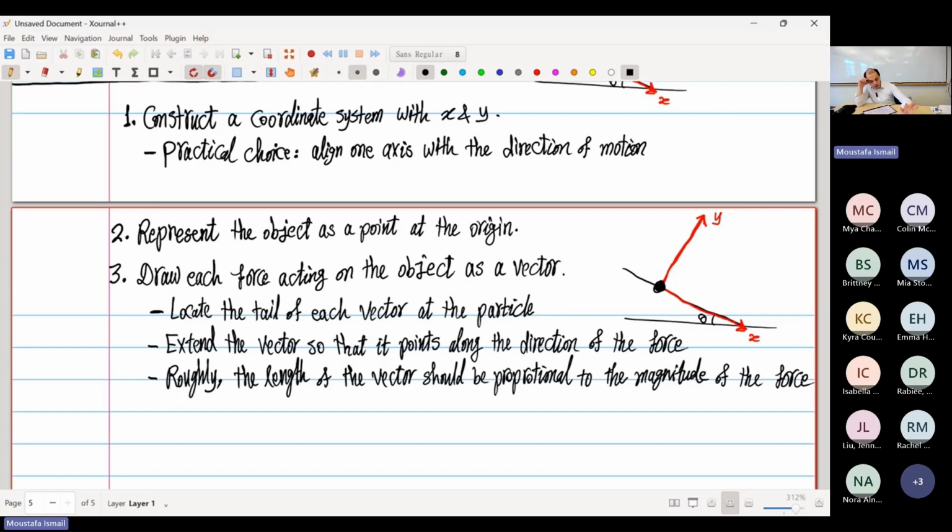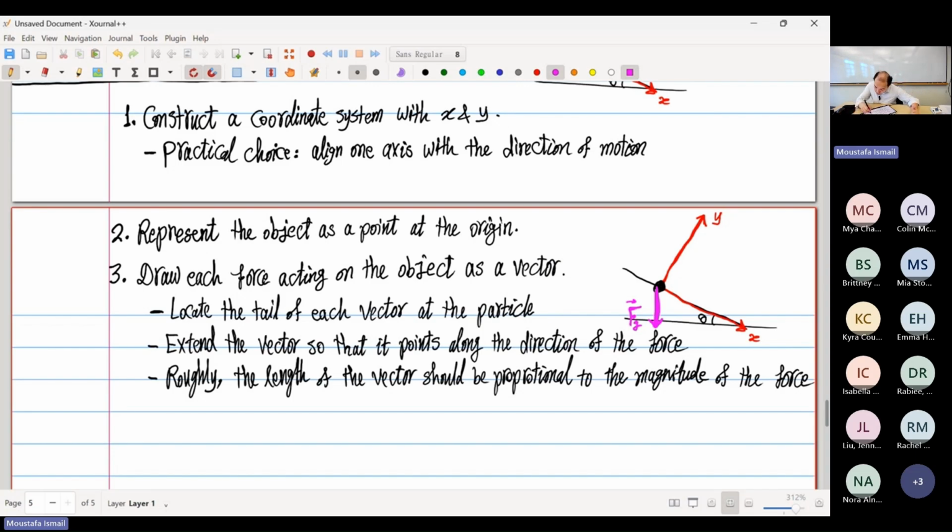We know that there are three forces acting on the object. First is the force of gravity, its weight, that's always there. This is vertically downwards. So this is F sub G. Its tail is located at the object, and it's extended so that it points in the direction of the force.